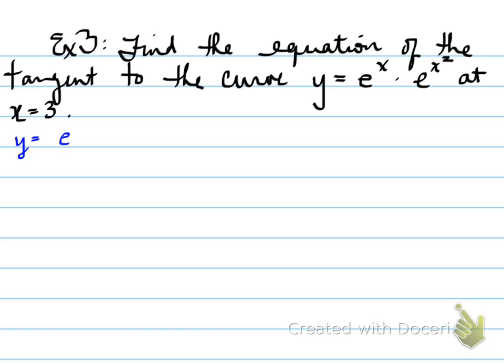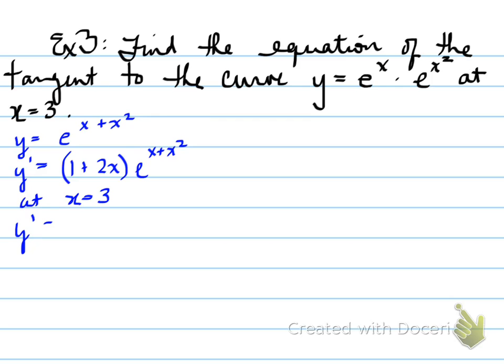So y is equal to e to the x plus x squared. Now we can do the derivative. y prime is equal to 1 plus 2x times e to the x plus x squared. After that, we plug in x equals 3, and we end up with 7e to the 12.